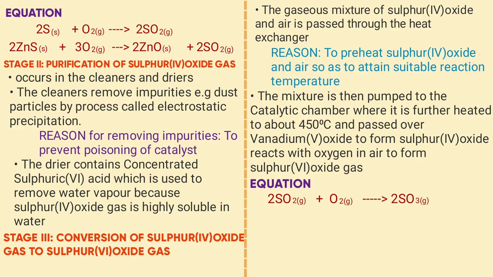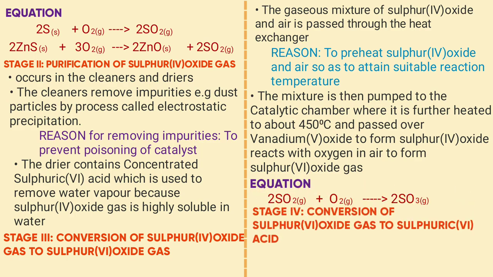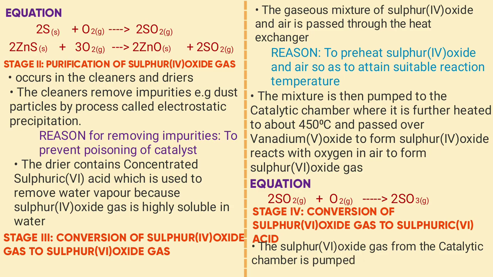Now, after that, we have stage 4, which is conversion of sulfur trioxide to sulfuric acid. The sulfur trioxide formed at the catalytic chamber is pumped back to the heat exchanger, where it is cooled, and then it is absorbed by concentrated sulfuric acid at the absorption tower to form oleum.